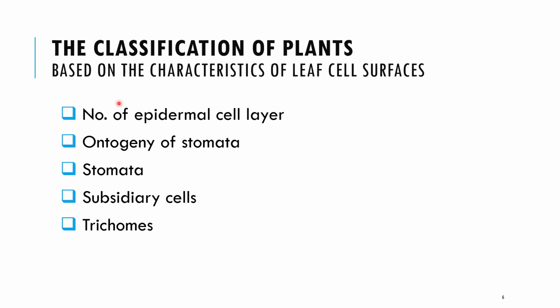These are some characters of leaf surfaces that we can use for taxonomic classification: the number of epidermal cell layers, ontogeny of stomata, stomata type, subsidiary cell type, and the last one is trichome type. These characters can normally be found on the leaf surfaces.